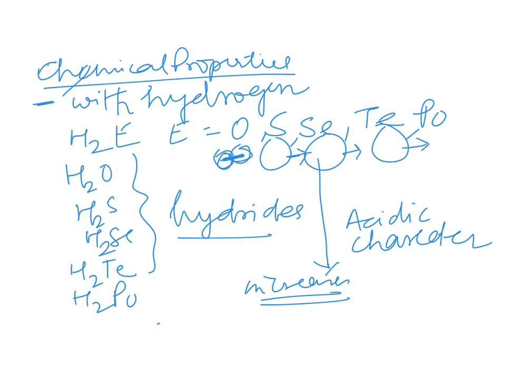Thus, giving up hydrogen will be easier for tellurium as compared to oxygen. So tellurium releases H+ easily as compared to oxygen. That's why H2Te is more acidic as compared to water. I hope you have understood.